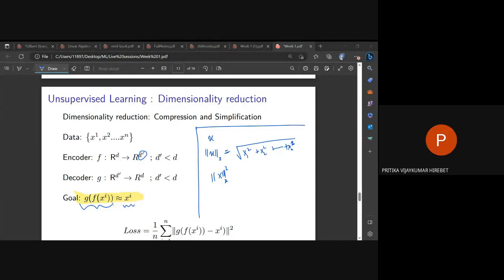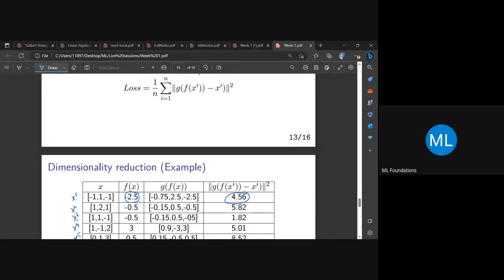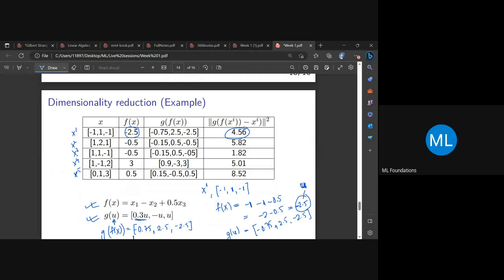Ma'am, can you explain in this calculation how it is reduced in encoding? Yes. So you can see here, this was your data set, and the data set was in 3 dimensions. Now you have an encoder function, which is defined as x1 minus x2 plus 0.5 x3.